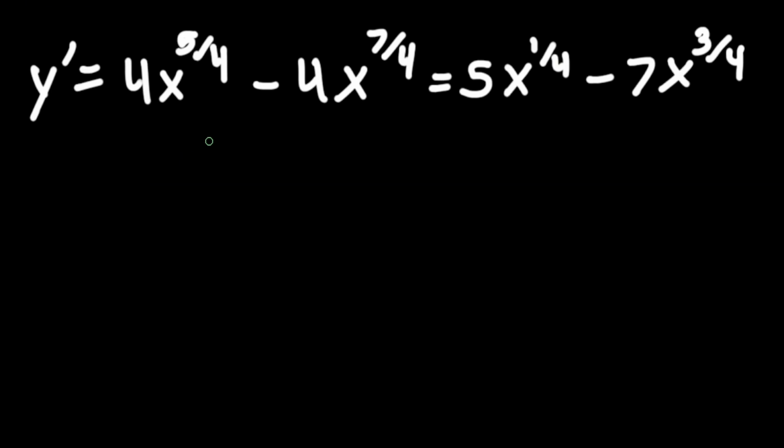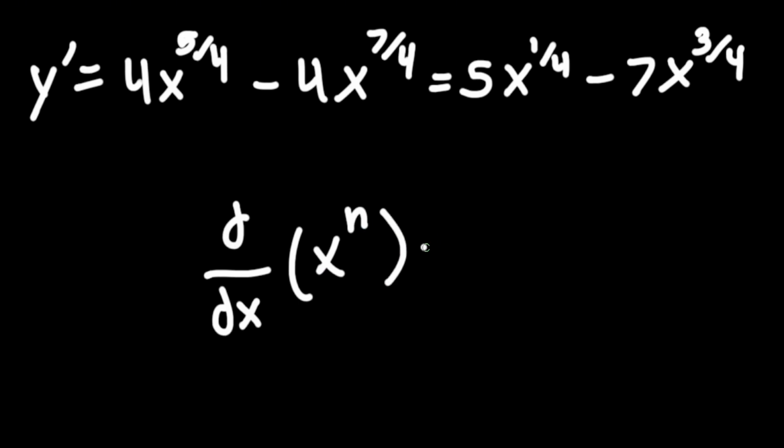So the rule for differentiating this, we need to use the power rule for differentiation, which states that d over dx of x raised to n is equal to n times x raised to n minus 1.